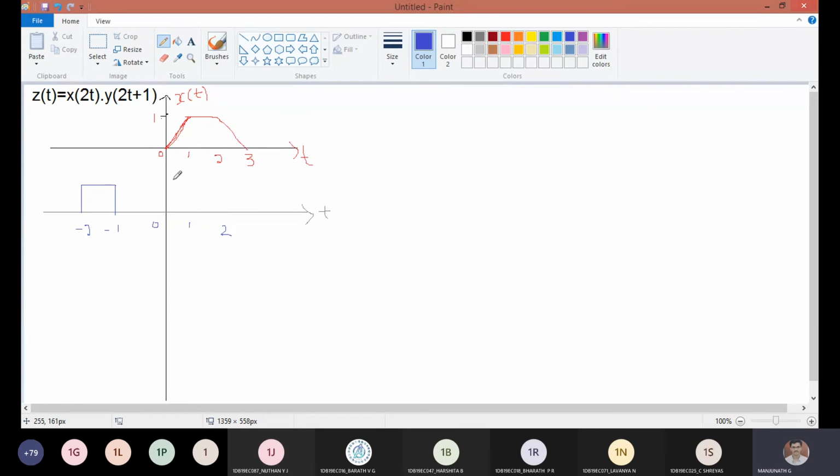From 1 to -1 it is kept constant. Is it visible, guys, what I'm writing? Yes, sir. Okay. So this is how the signal is given. Again, from -1 there is a ramp function here.